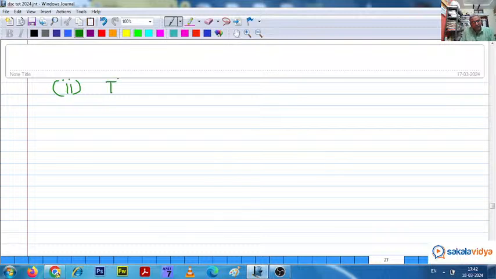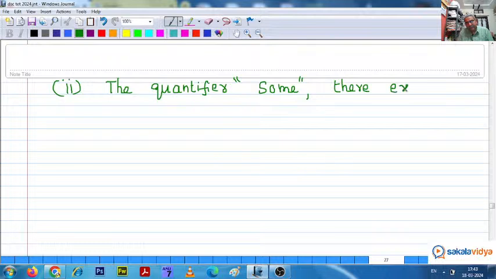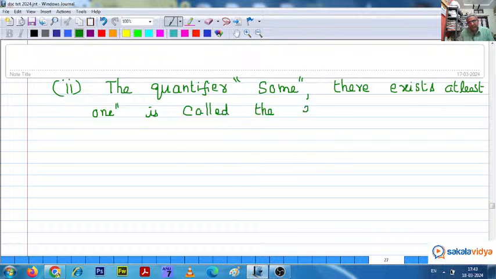Next, let us write the second point. The quantifier some, there exists at least one, is called the existential quantifier. Clear?